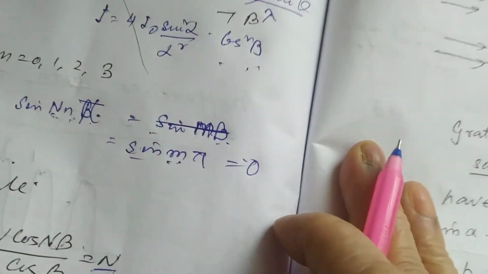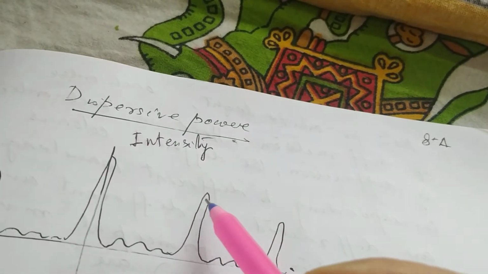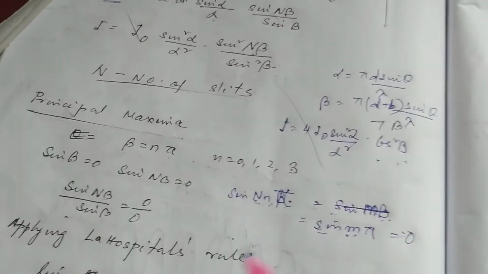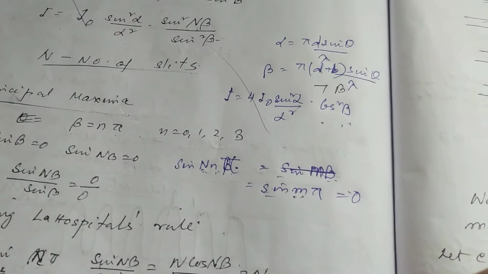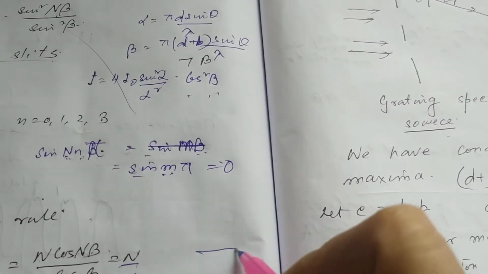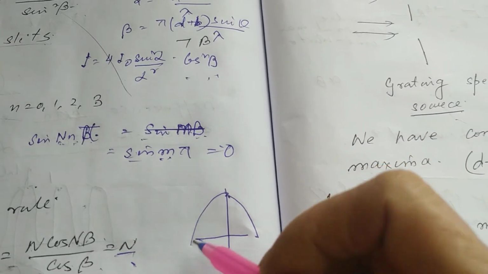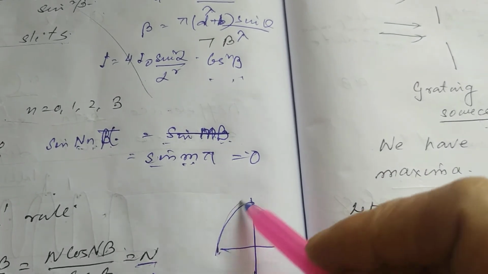Now if we see the intensity distribution in gratings, these are my principal maximas. Here you see sin square alpha by alpha square is there. You remember the graph of sin square alpha by alpha square is like that. So this term n square I0 will be modulated by this term.